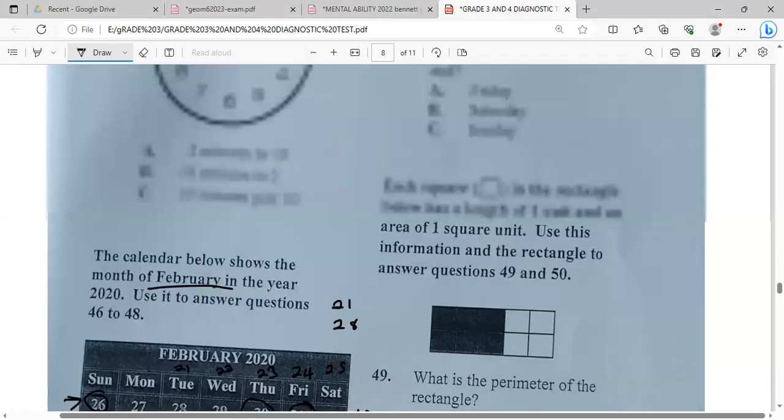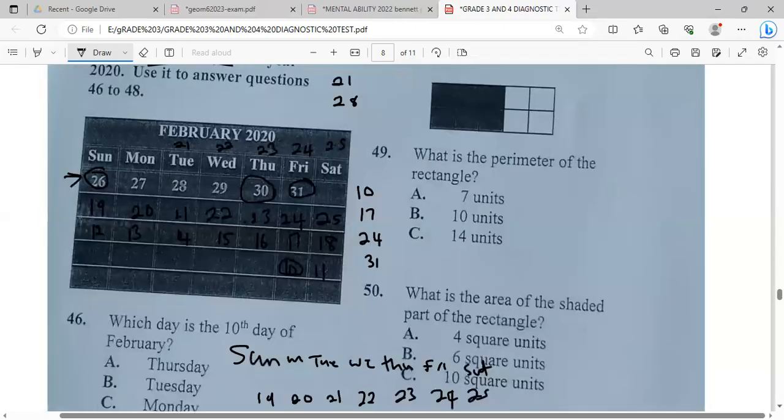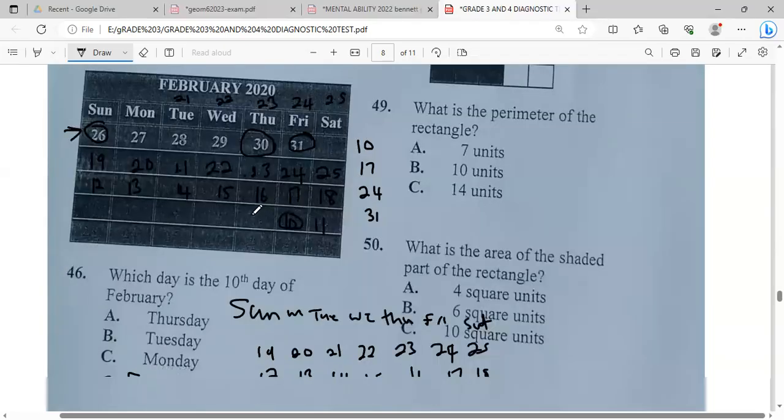All right. On which day did January 2020 end? So January, based off of this, right? I'm just doing what I do. Everything wrong, I go wrong on it. Because they did not do it well.